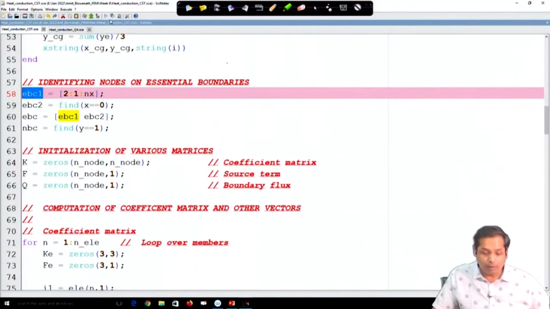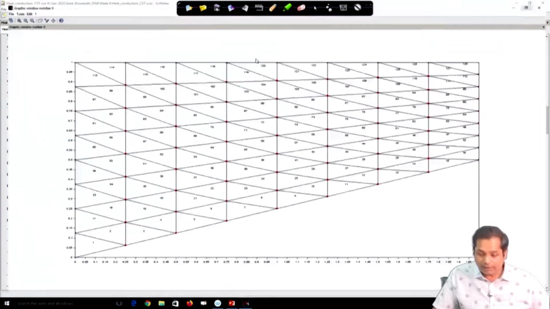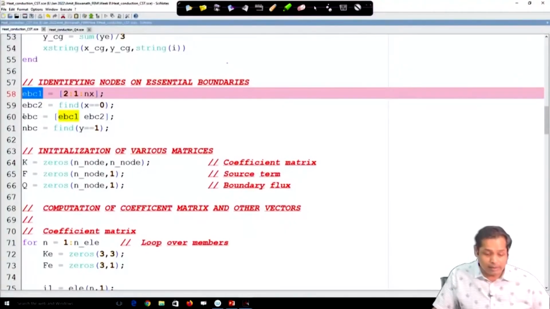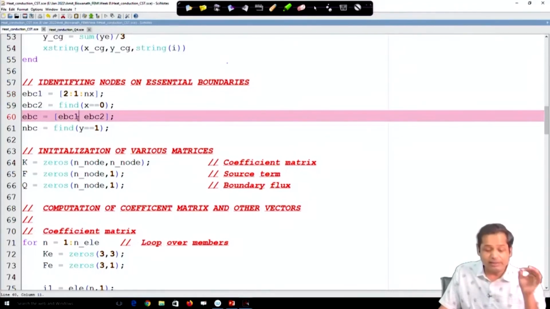Okay, so if we plot it, all these nodes are EBC1, and all the nodes here where x is equal to 0 are EBC2, and then the total EBC will be EBC1 and EBC2.